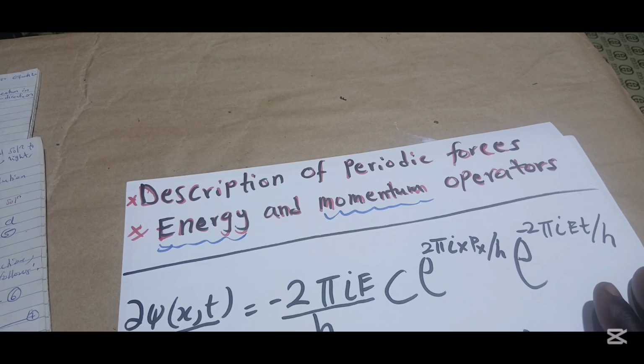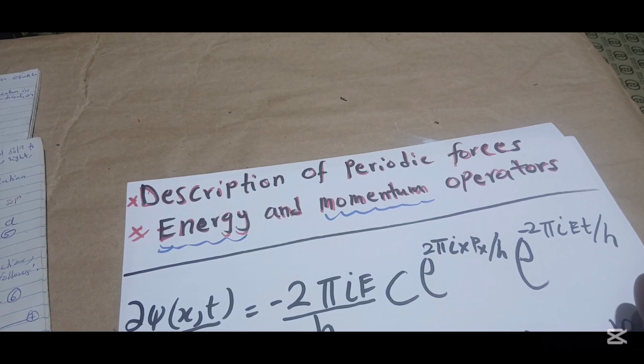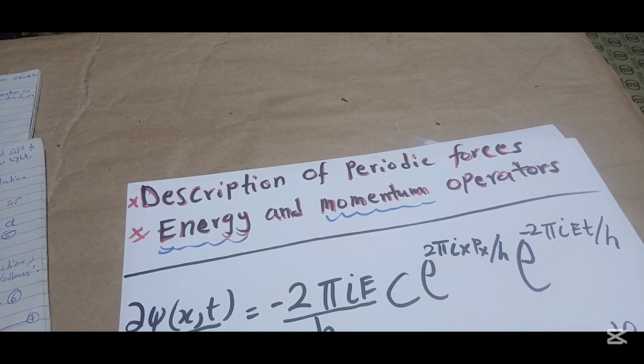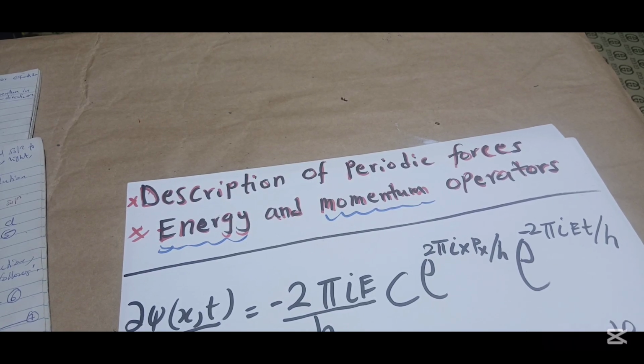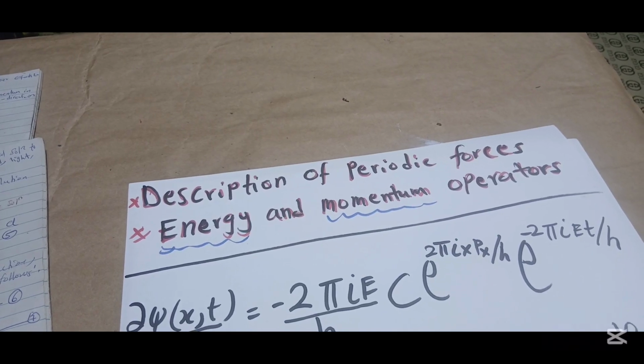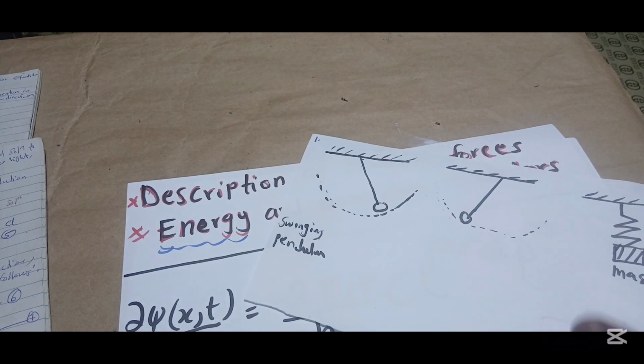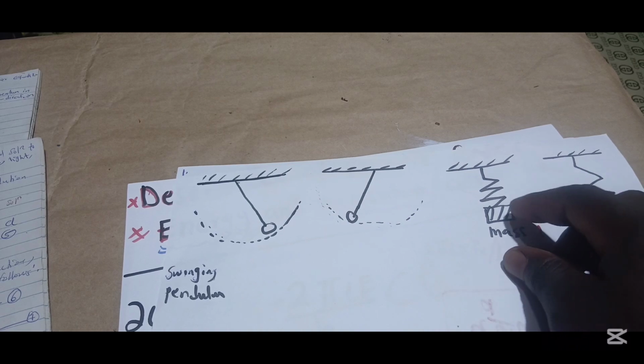This force drives an object to repeat its path or motion over and over in a fixed amount of time. Examples of devices that exhibit periodic forces are the swinging pendulum and the mass on a string.